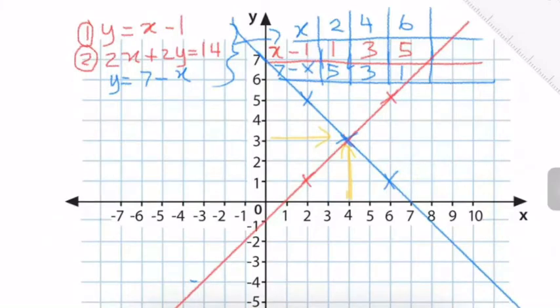So when the values of x is 4 and the value of y is 3, okay, 4 and 3 fulfill the two equations at the same time. We call it this, the values solve the equations simultaneously. Dia boleh selesaikan kedua-dua persamaan ni secara serentak.